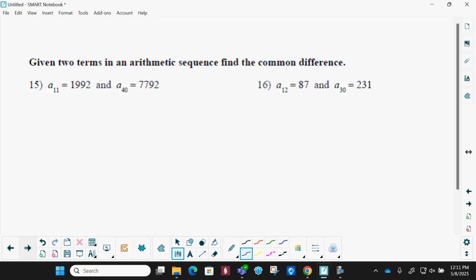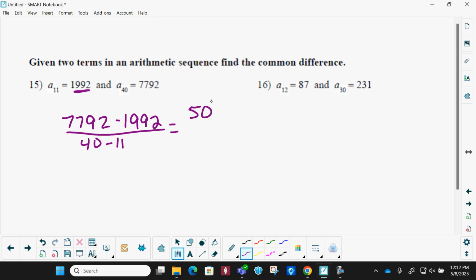Arithmetic sequence, common difference. All you're going to do is the second number minus the first number. Okay, so now we're going to type that in, 1992 minus 792.